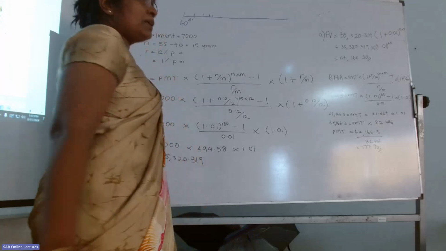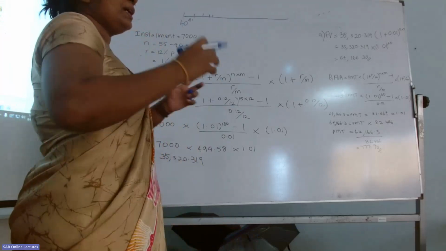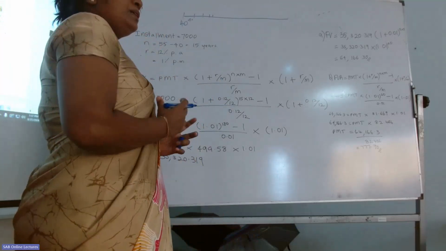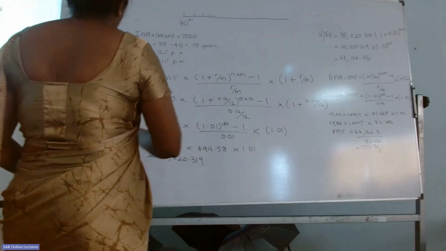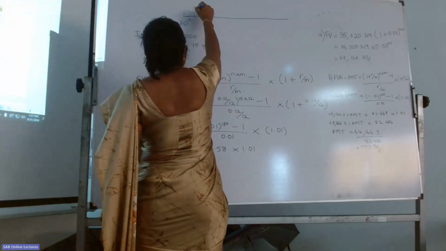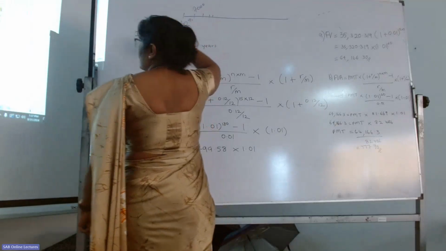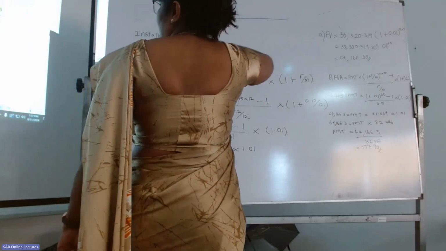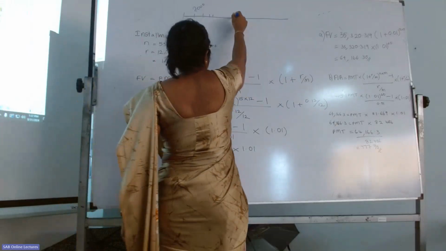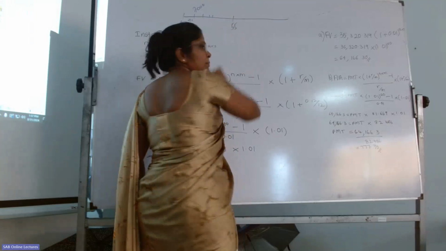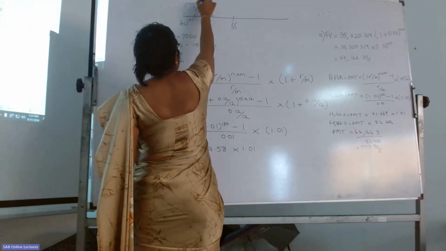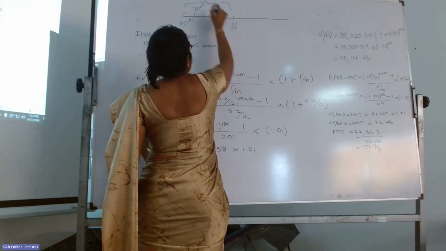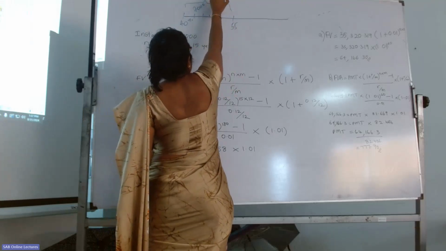Right? Starting 1 month from today. So today, 40th birthday, from today, 1 month, he is going to make a monthly deposit of 7,000, by 7,000 until he becomes 55 years. So then how many monthly installments are there? 15 years, 15 times 12.